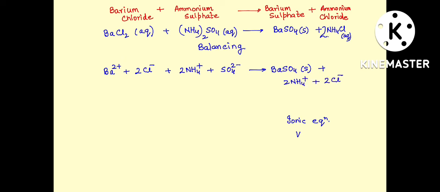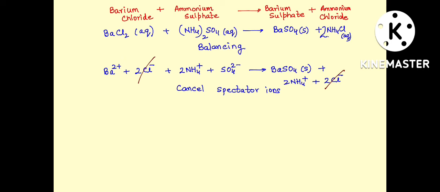What's the next step? Yes, we cancel the spectator ions. What are spectator ions? Which are just there but are not participating, right? So what are my spectator ions? Those which haven't undergone any change. So 2 chloride, 2 chloride, that's my first spectator ion, right? So cancels out.